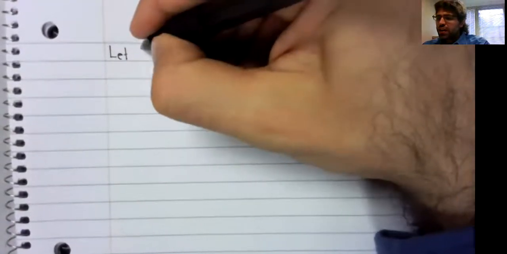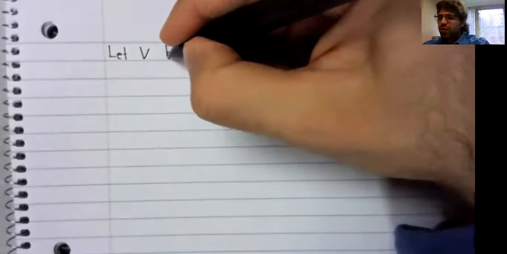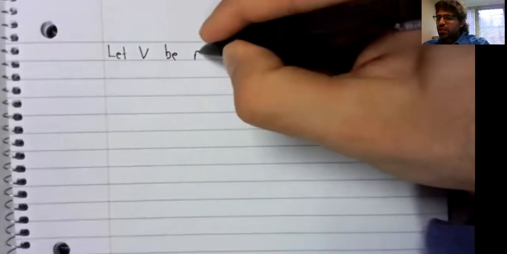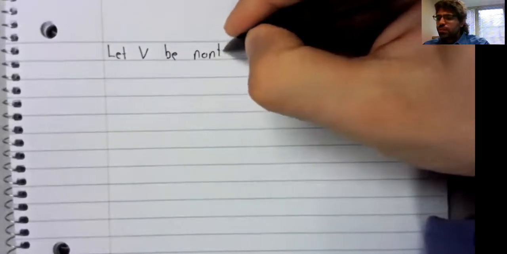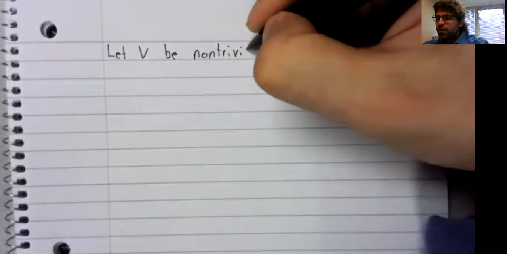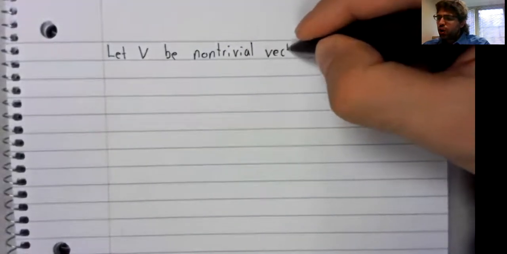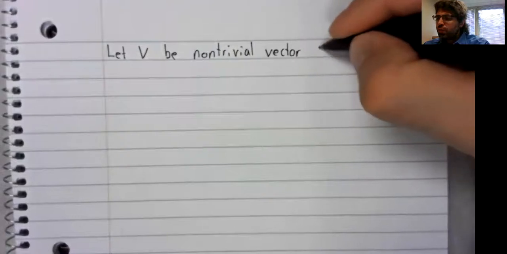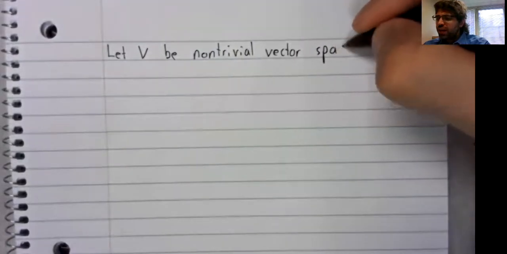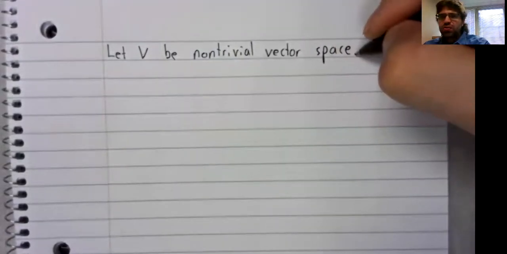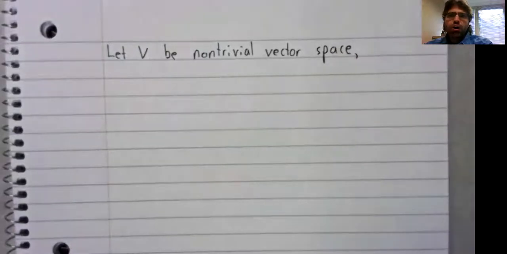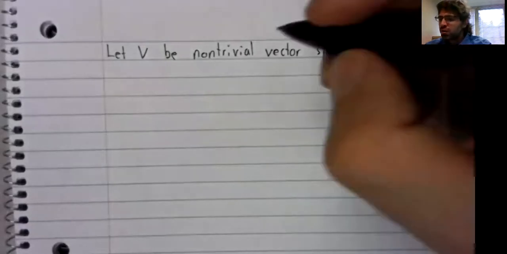So the setting of the spanning set theorem is that V is a non-trivial vector space. By non-trivial, we just mean that it contains vectors other than the zero vector.